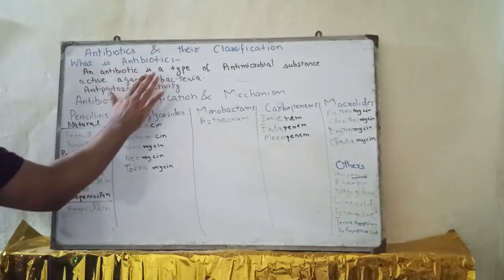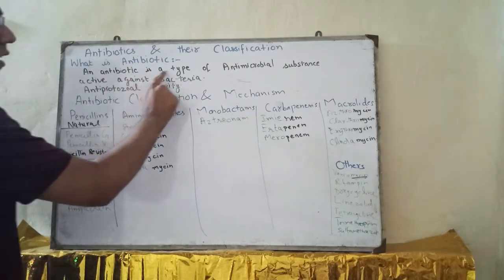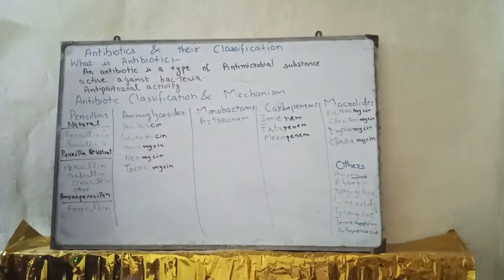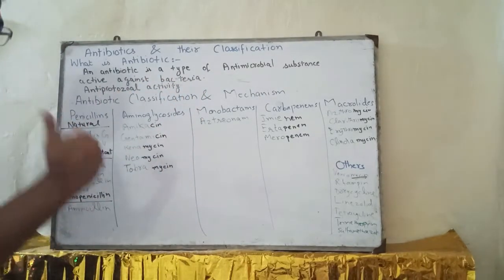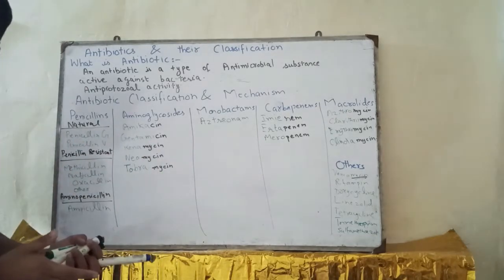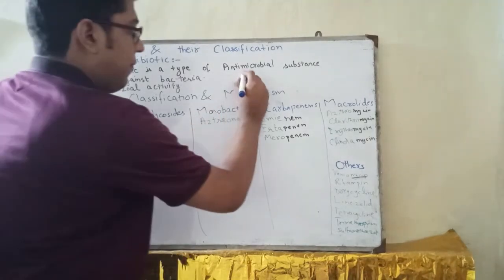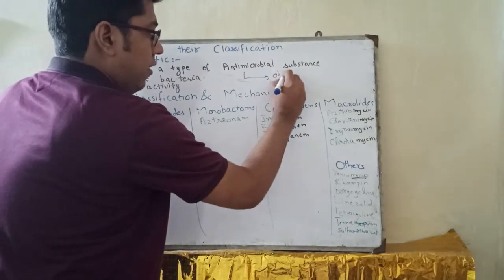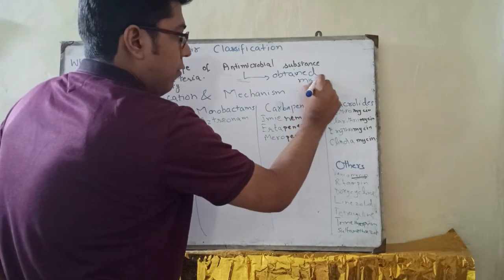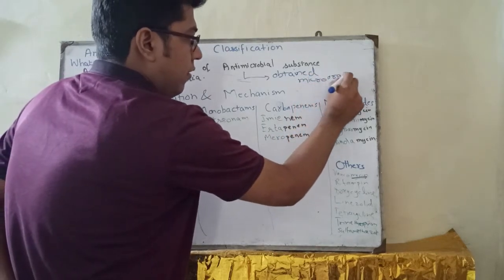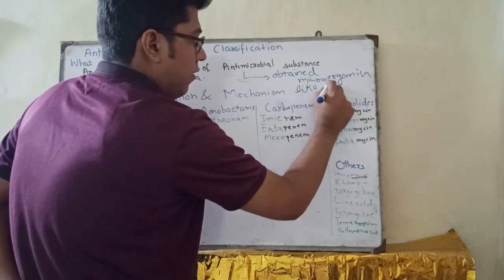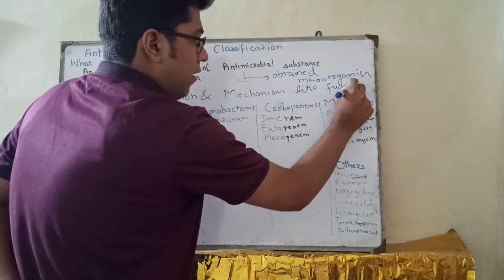So what is an antibiotic? An antibiotic is a type of antimicrobial substance active against bacteria. Antimicrobial substances can be obtained from microorganisms like fungi.